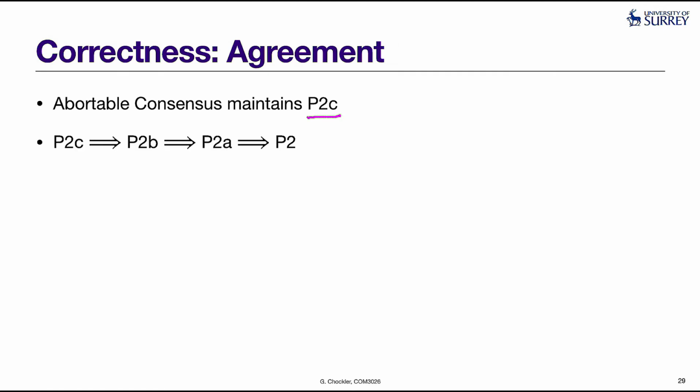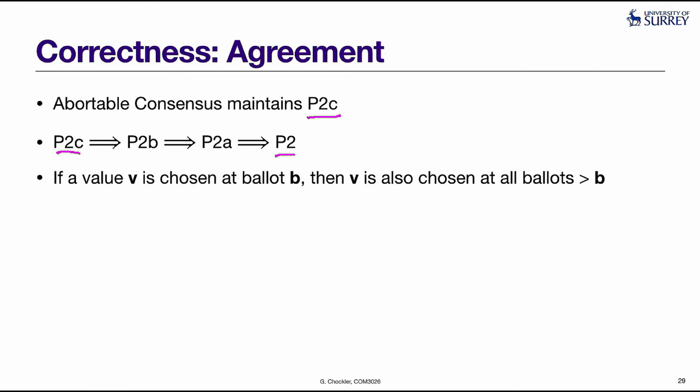Okay, and as we have shown, P2C implies property P2, and the property P2 is as follows. If a value V is chosen by abortable consensus at ballot B, then V is also chosen at all the ballots which are higher than B.